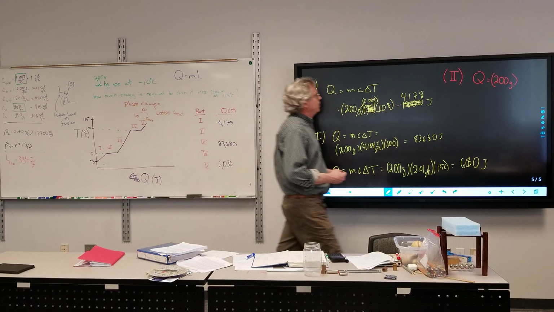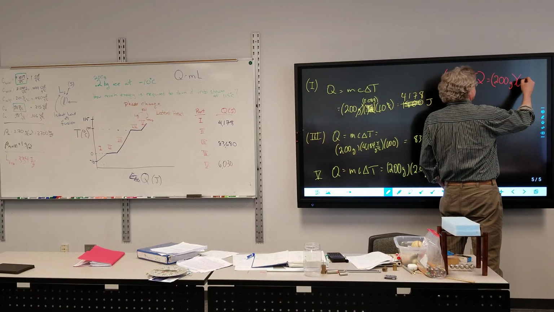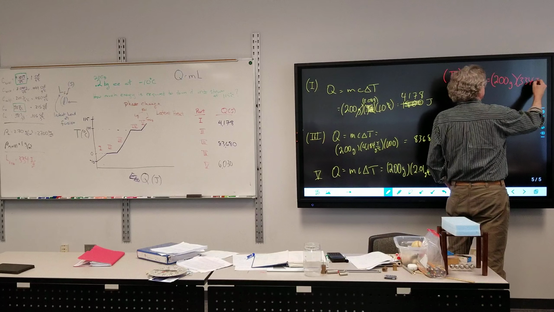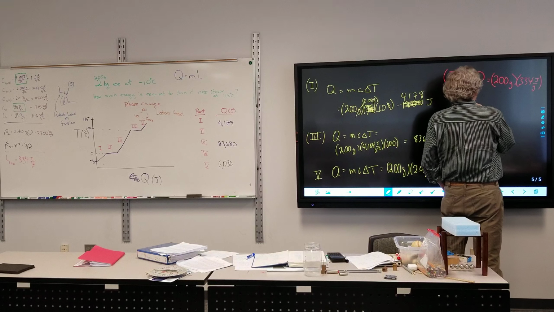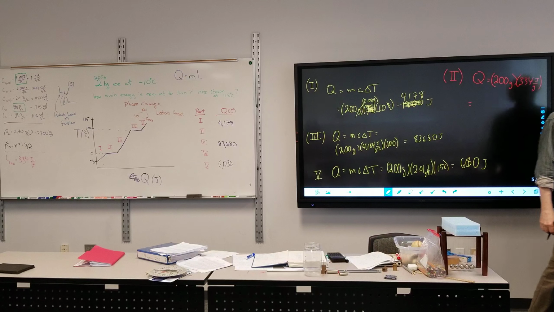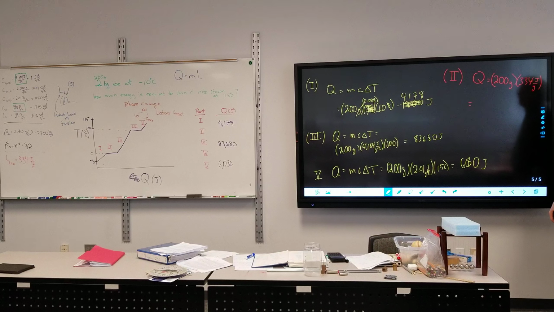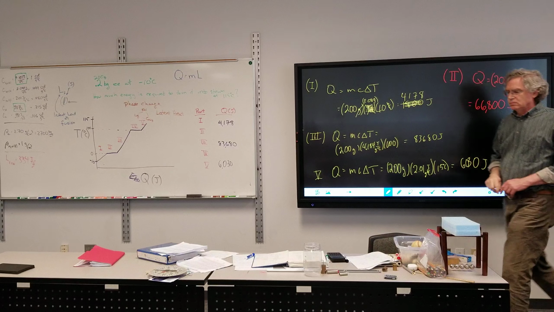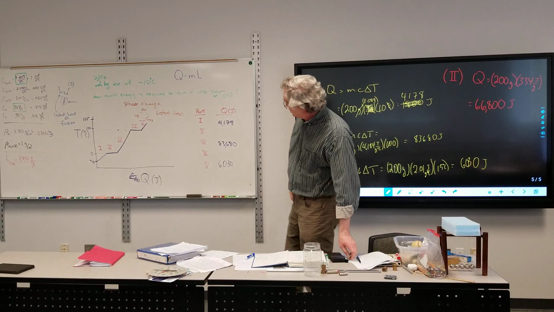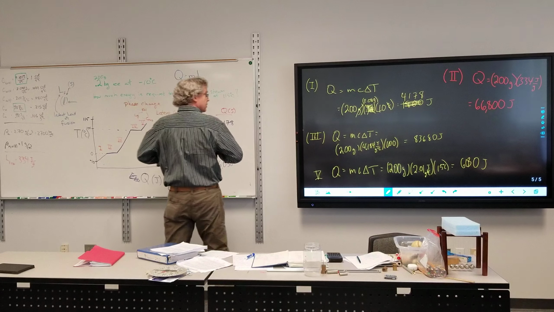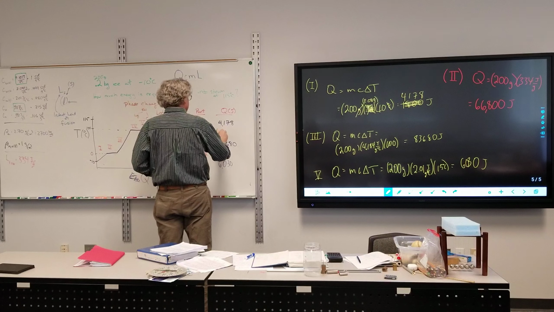So 200 times 334 joules per gram. So we end up with 66,800 joules.